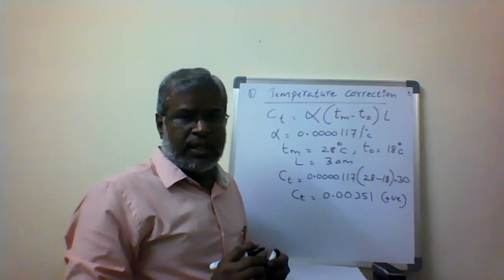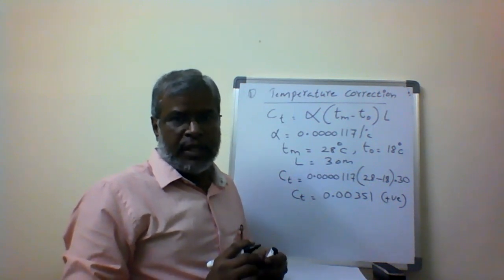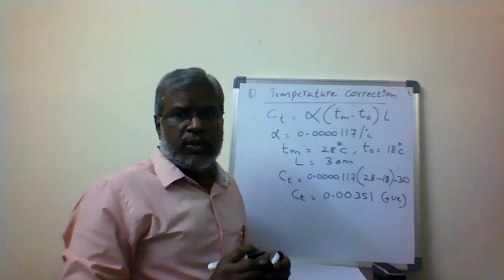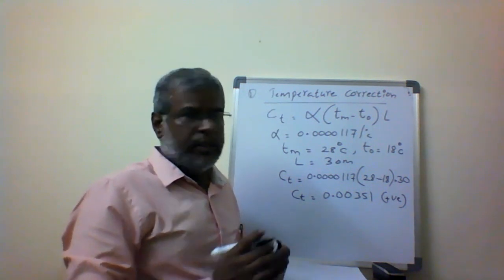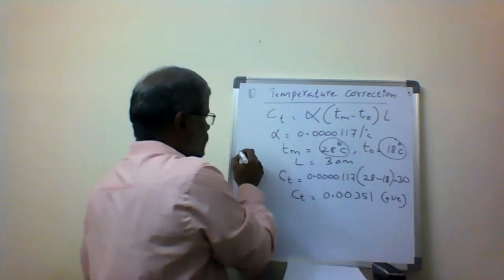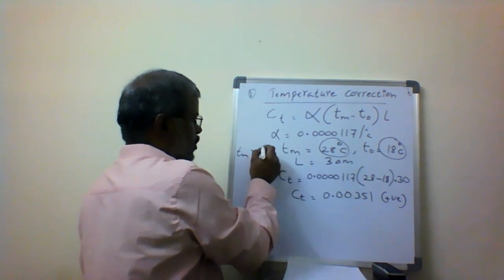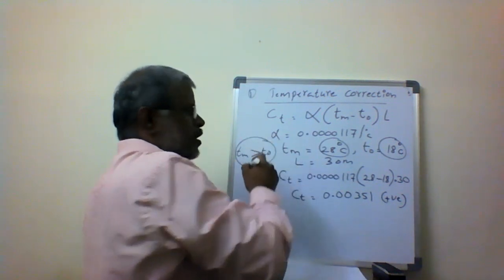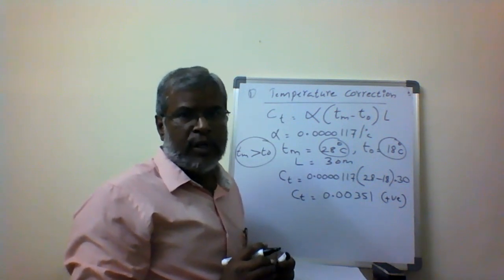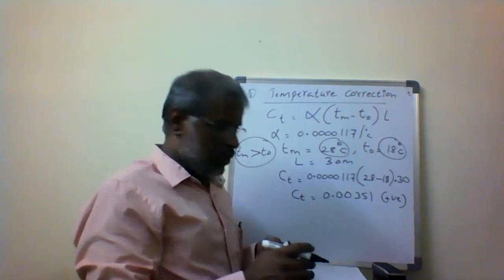The tape is going to extend, elongation occurs, and with higher temperature expansion automatically occurs. Since Tm is greater than T0, the error is negative and the correction is positive.